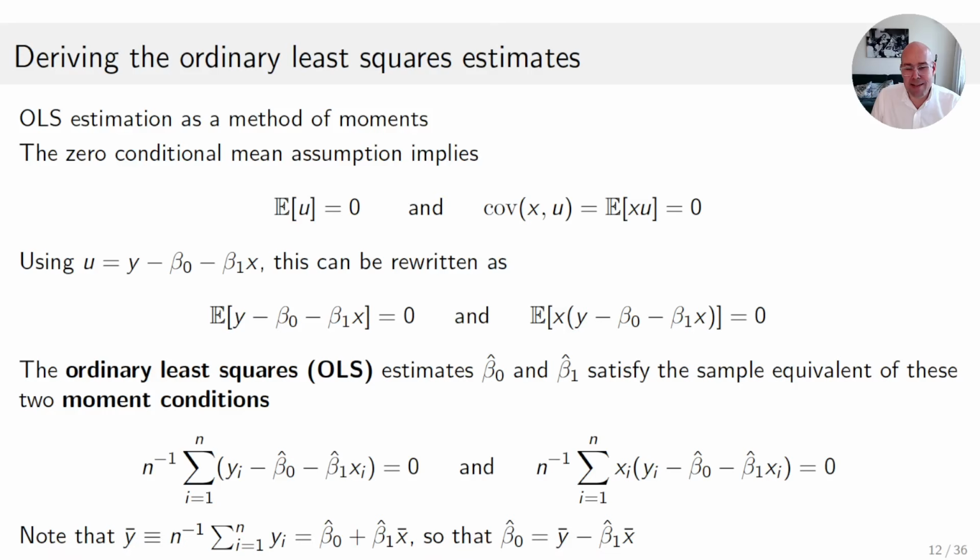So that's the first result I'm already getting. But with this, I can't do much yet because it basically means I first need to get my beta 1 hat. Otherwise, I cannot figure out what my beta naught hat is. But put differently, once I know my beta 1 hat, it's relatively easy to find out what my beta naught hat is going to be. Why is that?